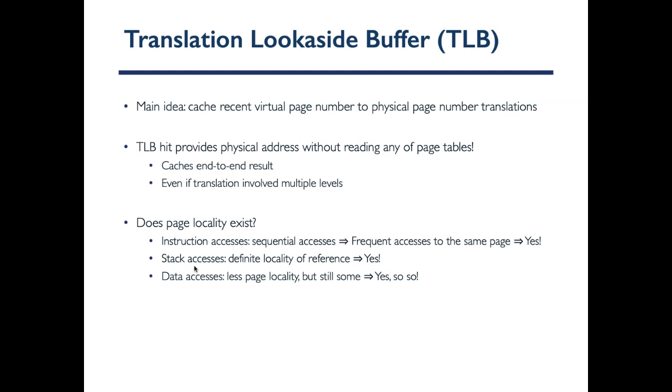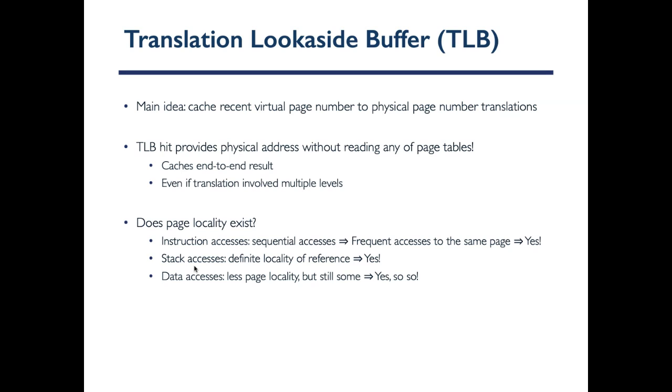Let's say you call a function, so all the arguments are pushed on the stack, and the stack pointer is there. So every time you want to access your arguments, you basically have some sort of spatial and temporal locality in some cases. So the address is not changing much.